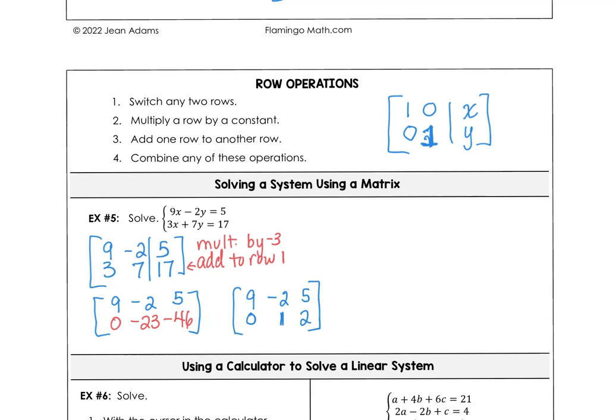So looking at our situation here, and again, trying to save space, what I would like to do is multiply row 2 by 2, and I would add that to row 1.